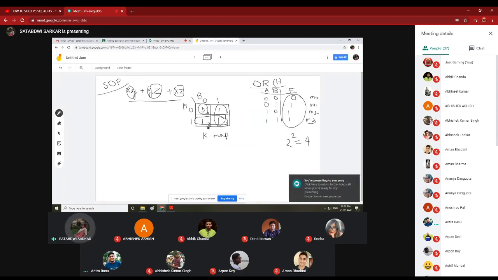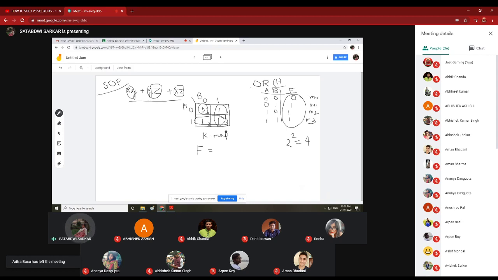So this is a pair. Now we have f equals to, there will be a function. We can get a function using this K-map. So we can combine or group these using only those values which are not changing. That is, value of A is not changing, or value of B is not changing.